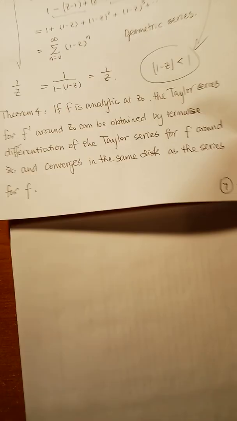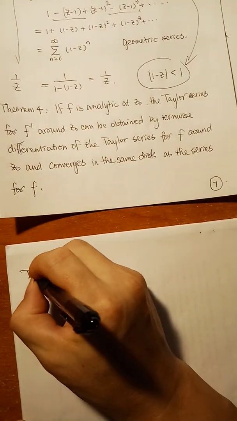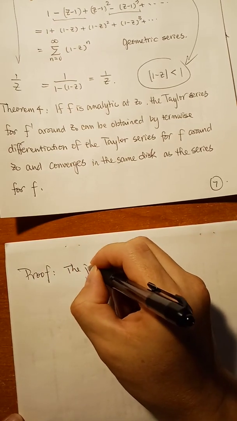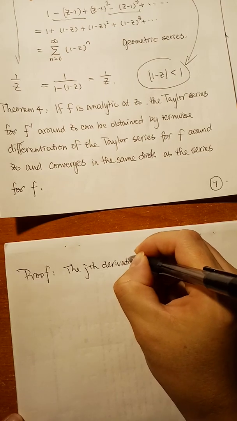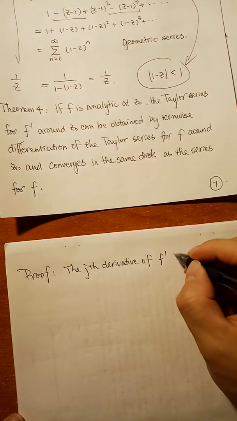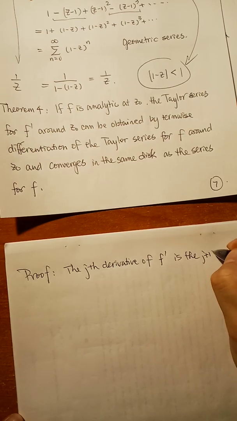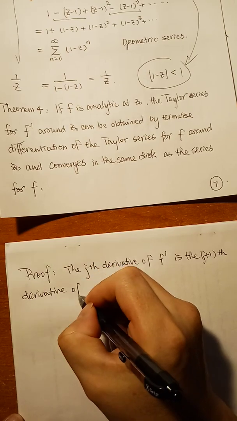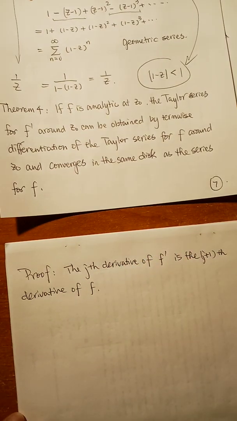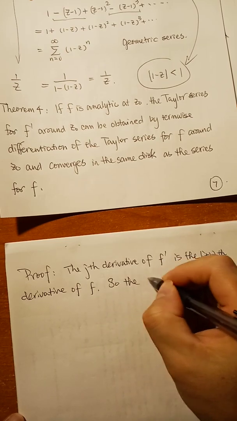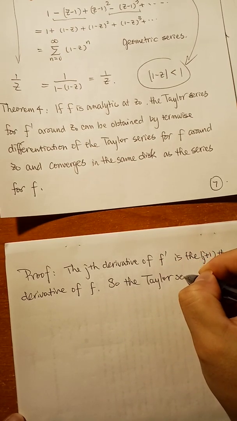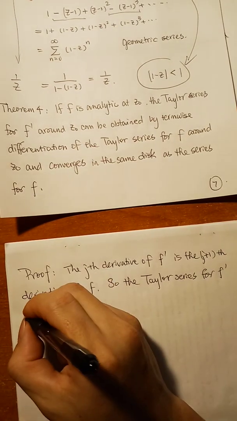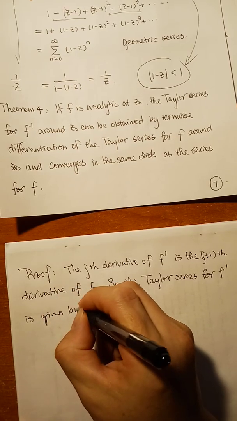Okay, let's try to prove it. The proof is the following. The j-th derivative of f prime is the (j plus 1)-th derivative of f, right? So the Taylor series for f prime is given by what?